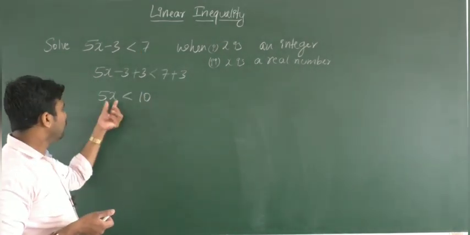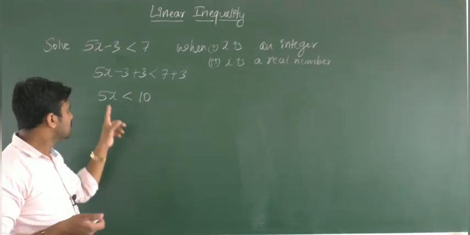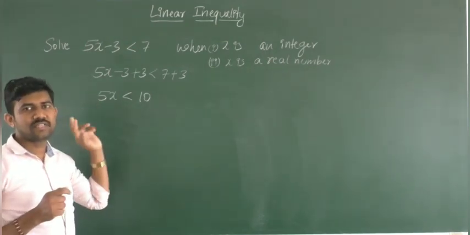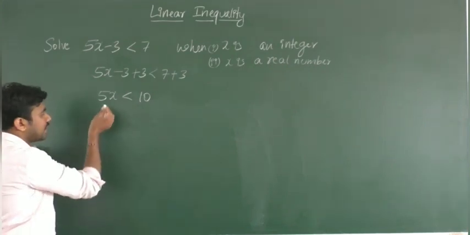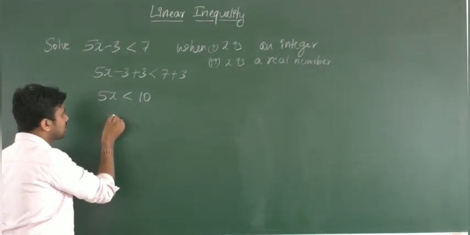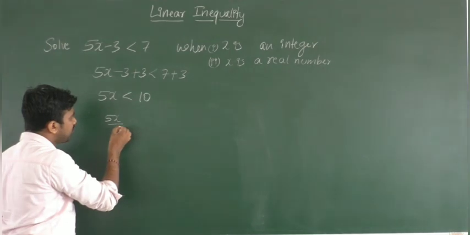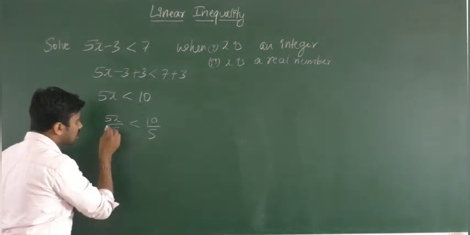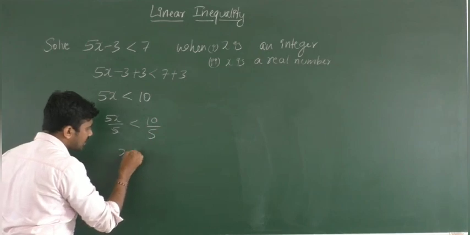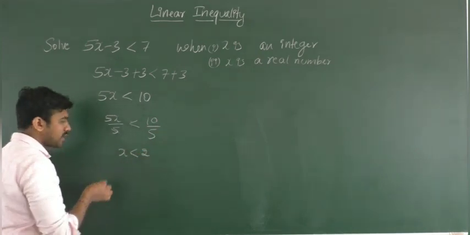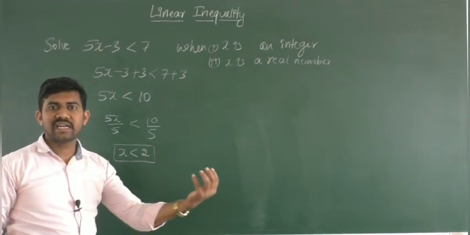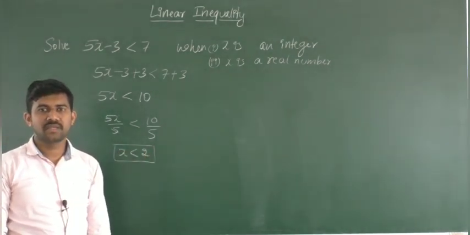Now we need to find the x value, so what do we have to do? Divide by 5 on both sides of this inequality. Then 5x by 5 is less than 10 by 5, which is x less than 2. So x can take values strictly less than 2.